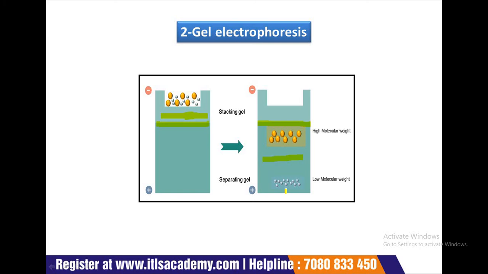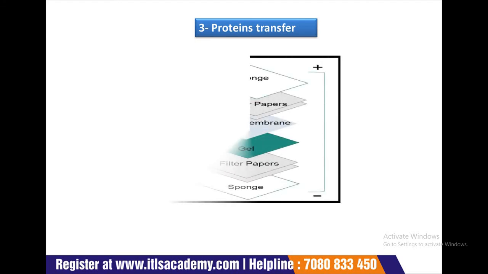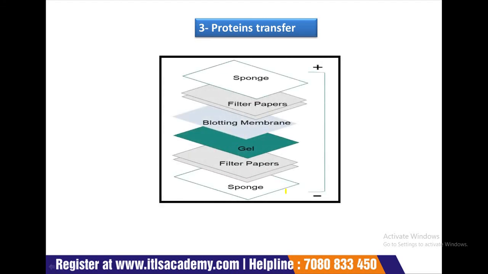So next is the protein transfer. After separating proteins by gel electrophoresis, proteins are moved from within the gel onto a solid support membrane to make the proteins accessible to antibody detection.